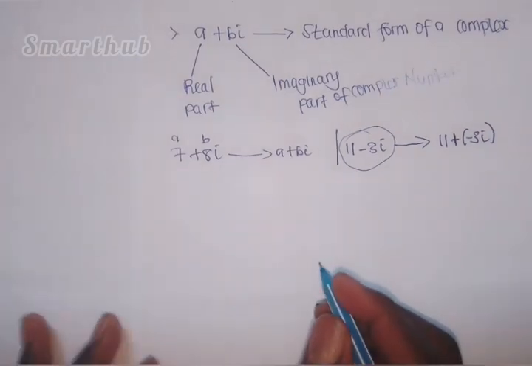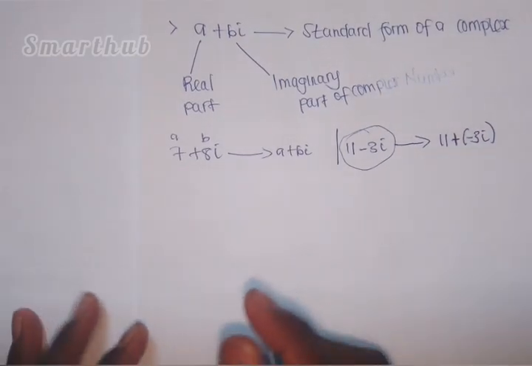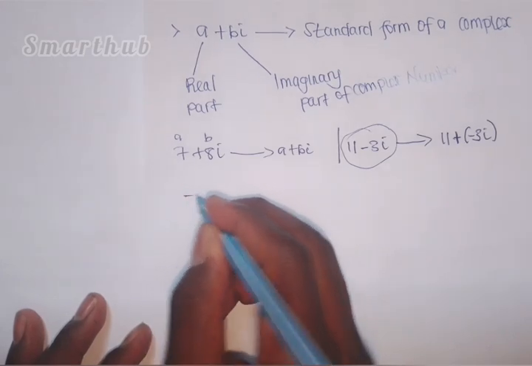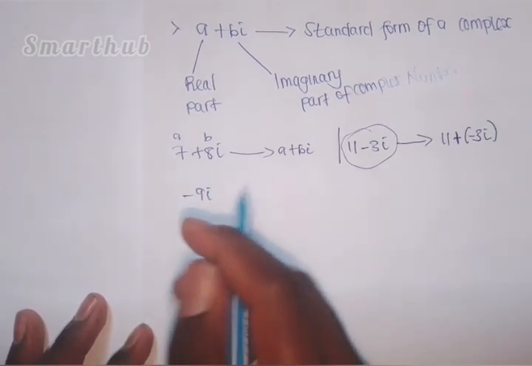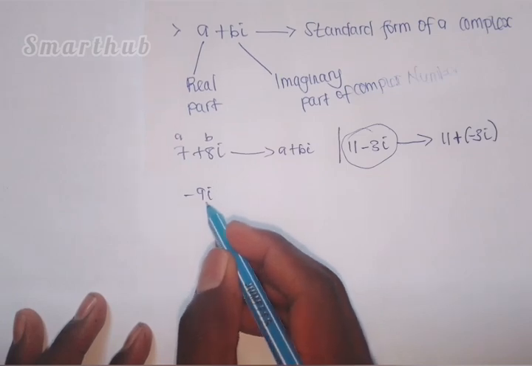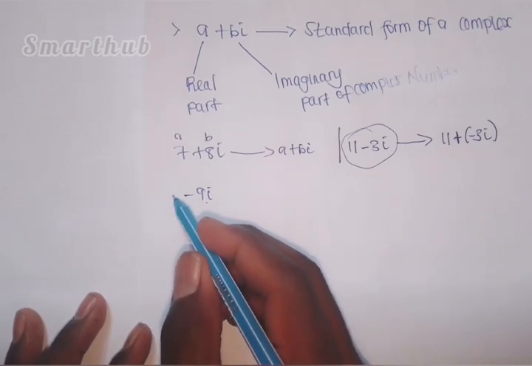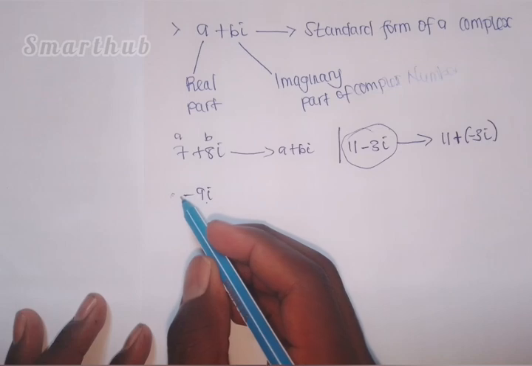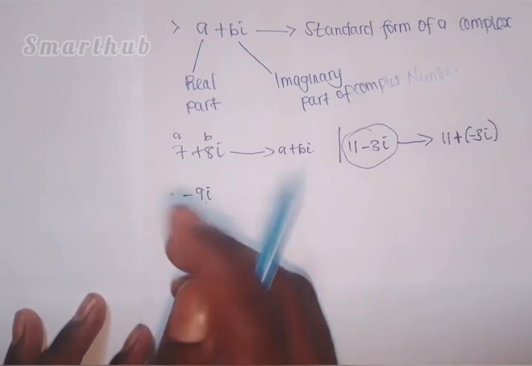Now let's say you have negative 9i. What does this mean? This means that you have a 0 here, but it is not written because 0 is nothing.